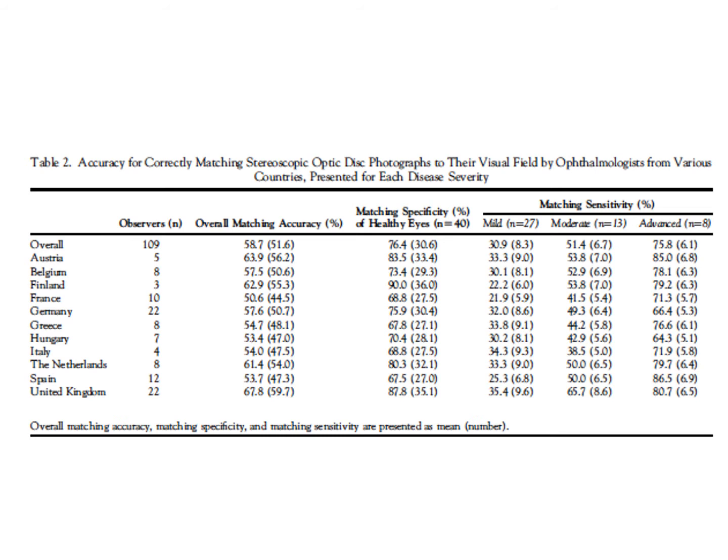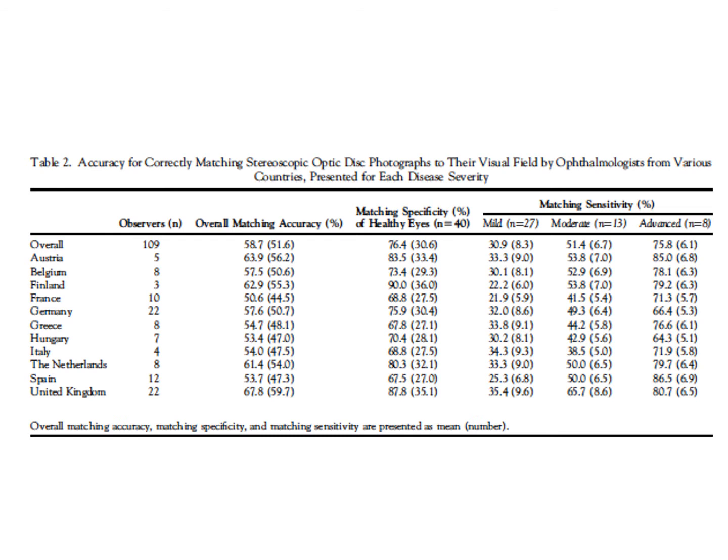Interesting is the result from the UK. In the UK, the 22 ophthalmologists that performed the study were glaucoma consultants, and you can see that also for consultants the accuracy was not so high, 68.